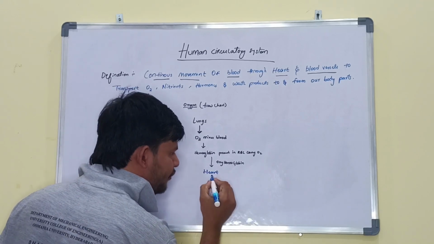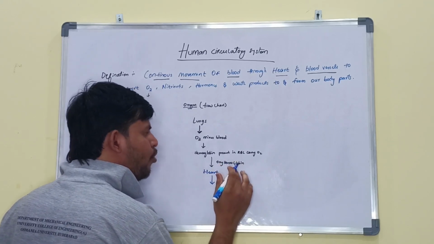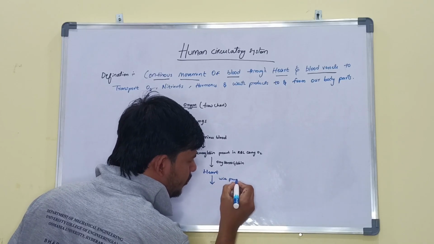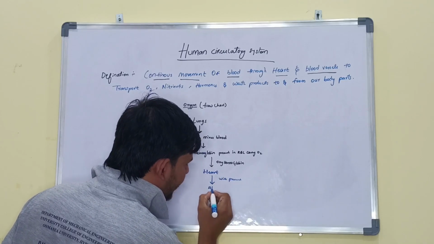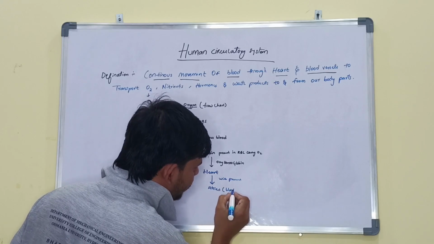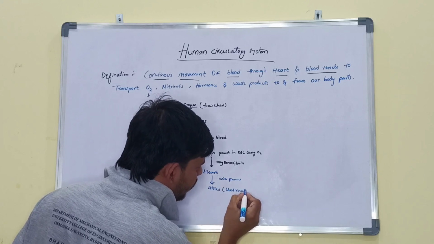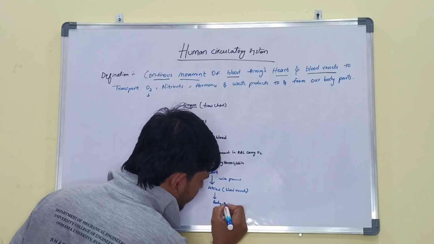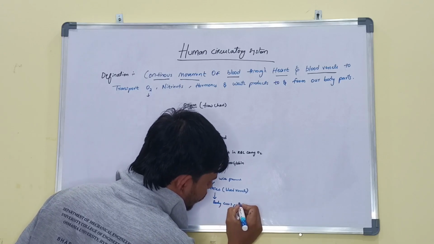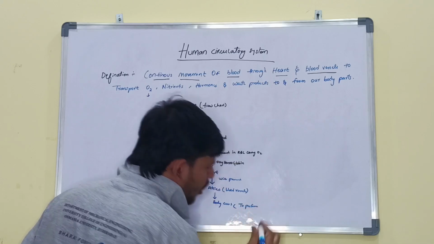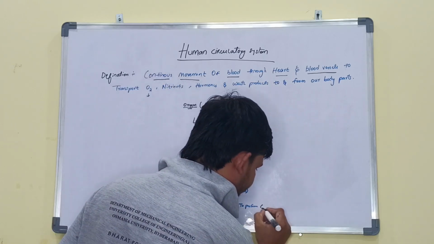Then heart will transport this oxyhemoglobin with high pressure to arteries, that is blood vessels, to body cells to perform cellular respiration.